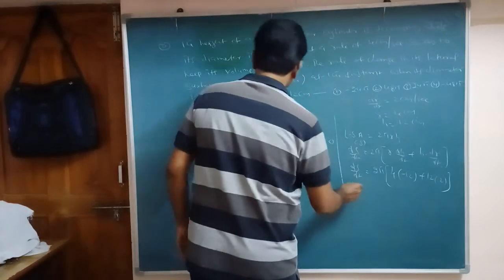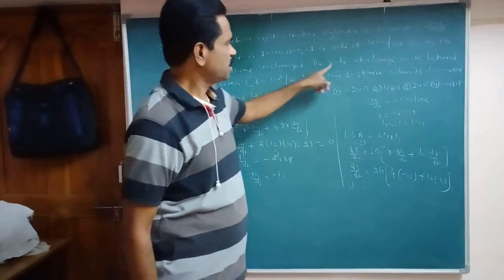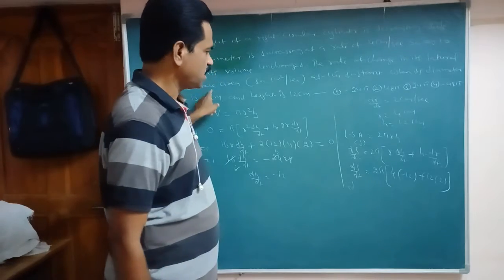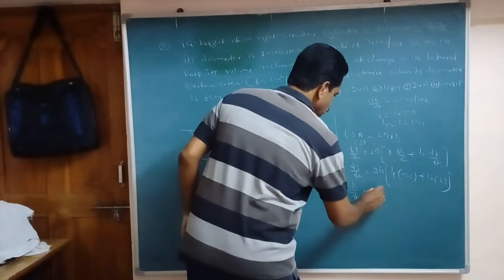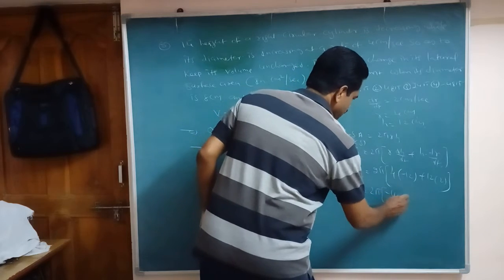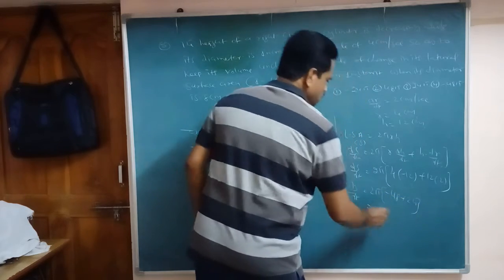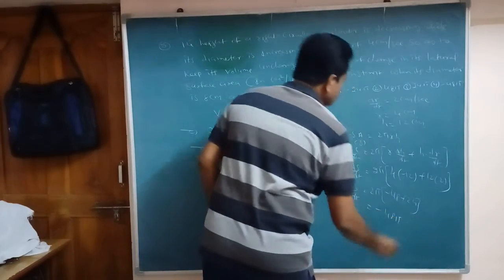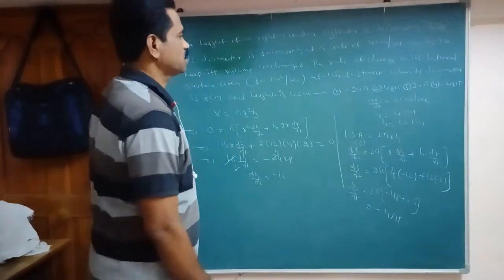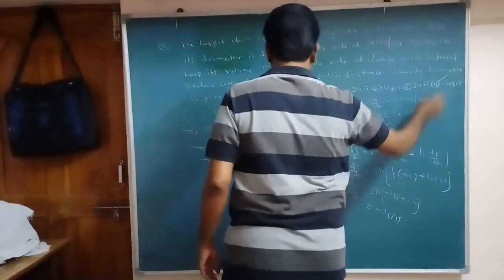So what do we find out here? The rate of change in lateral surface area, ds by dt. So ds by dt is equal to 2 pi into minus 48 plus 24. So it is how much? Minus 24 into 2, minus 48 pi. Right. So which option is correct here? Fourth option.